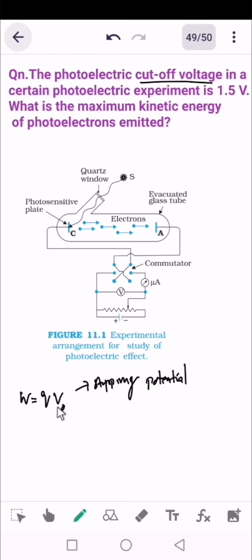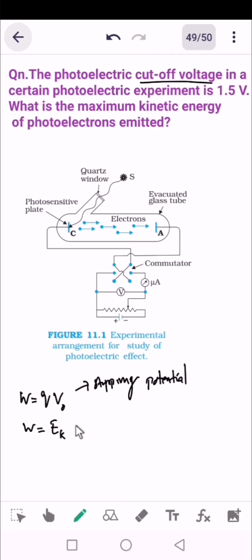So this work done will be equal to the maximum kinetic energy of the electron. The kinetic energy of the electron will be equal to the work done to stop the electron.